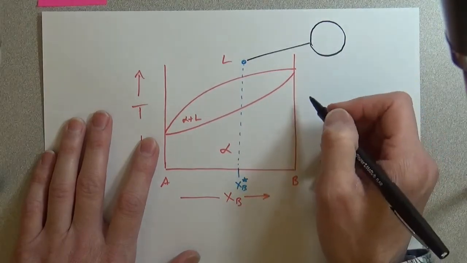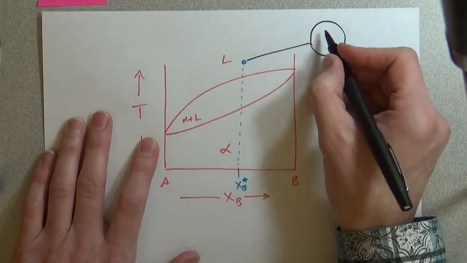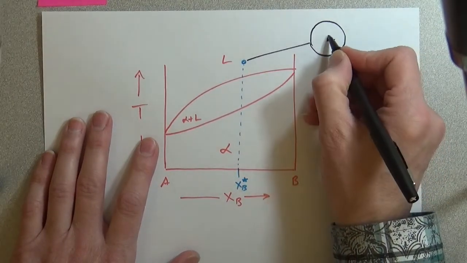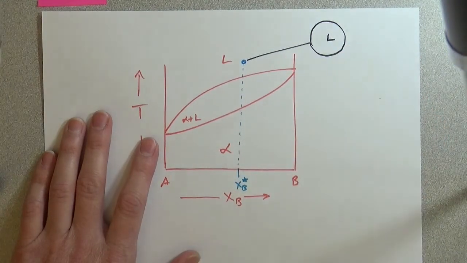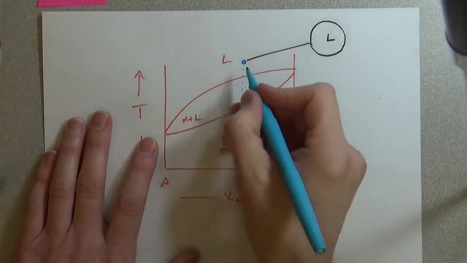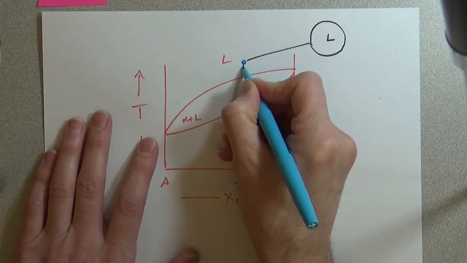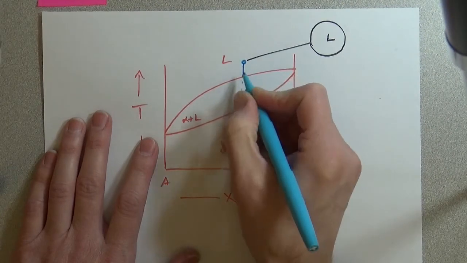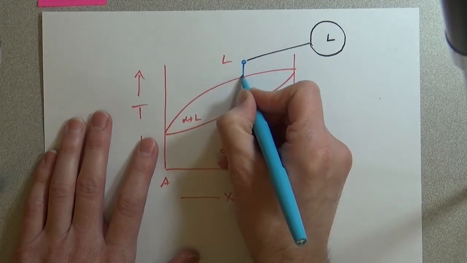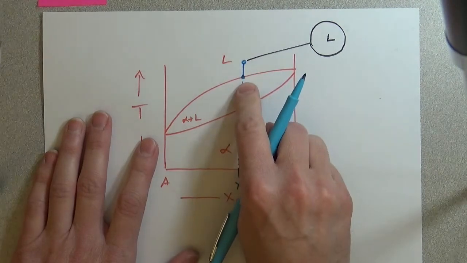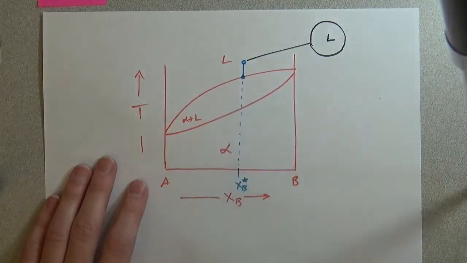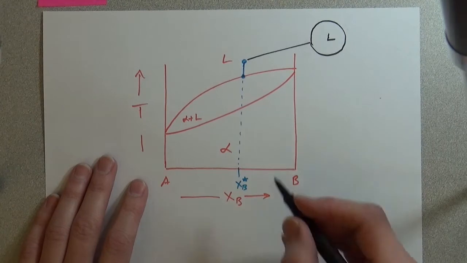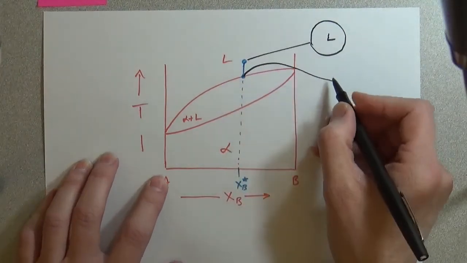We're looking at a little microscope, so we have a circle. It's all liquid. Okay, that makes sense. So now we take it and we cool it down until we just touch that phase boundary.